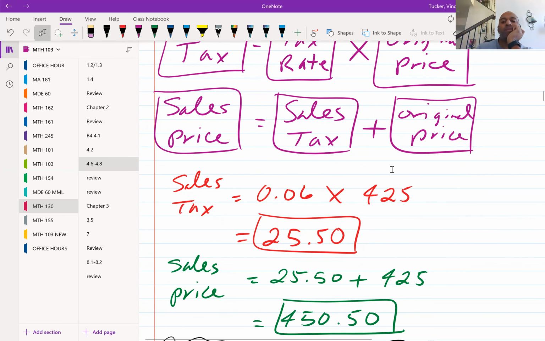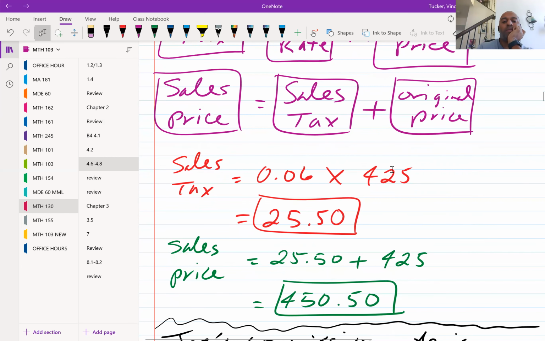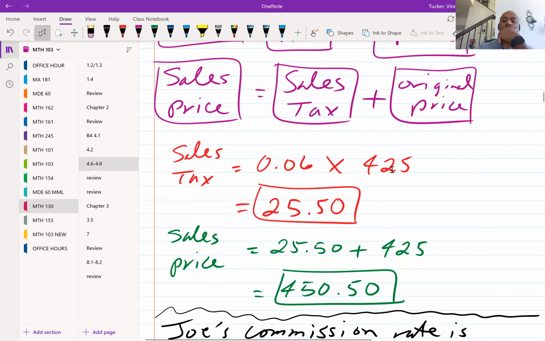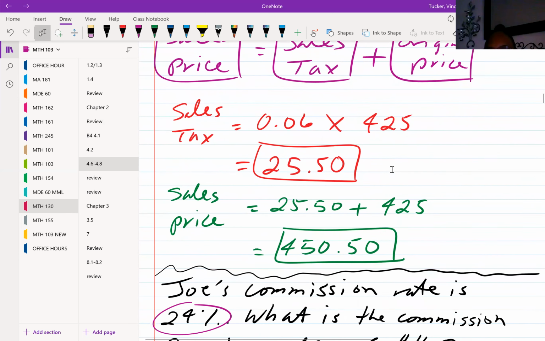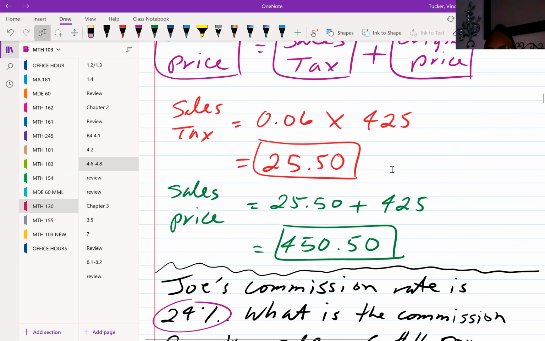All right, any problems, any questions, or do we go to the next one? You multiplied 0.06 times 425. Mm-hmm.